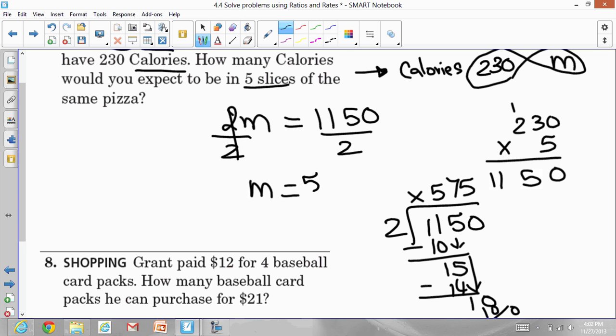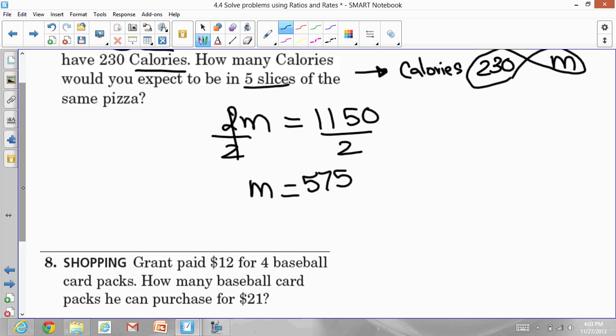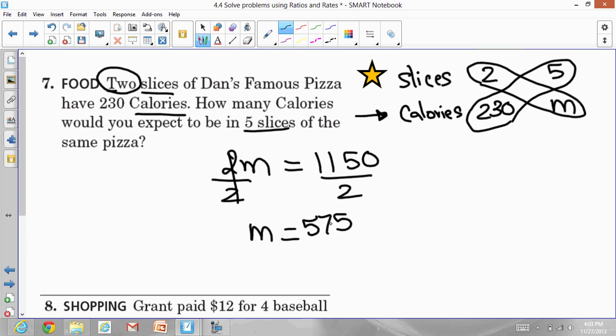So 575. Now go back and see what the M stands for. So 575 calories. So what it really means is 2 slices of pizza is going to have 230 calories and 5 slices of pizza is going to have 575 calories.